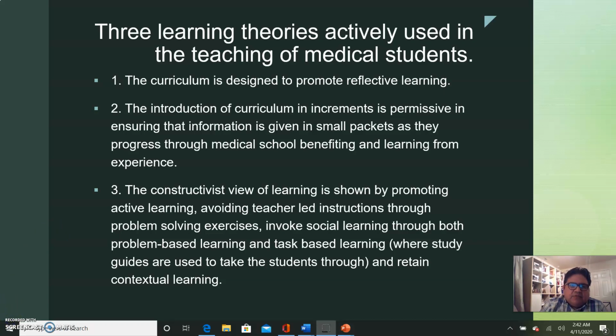And the third is constructivism, which one can see by schools promoting active learning, avoiding teacher-led instructions, through problem-solving exercises, evoking social learning, which are all consistent with constructivism.